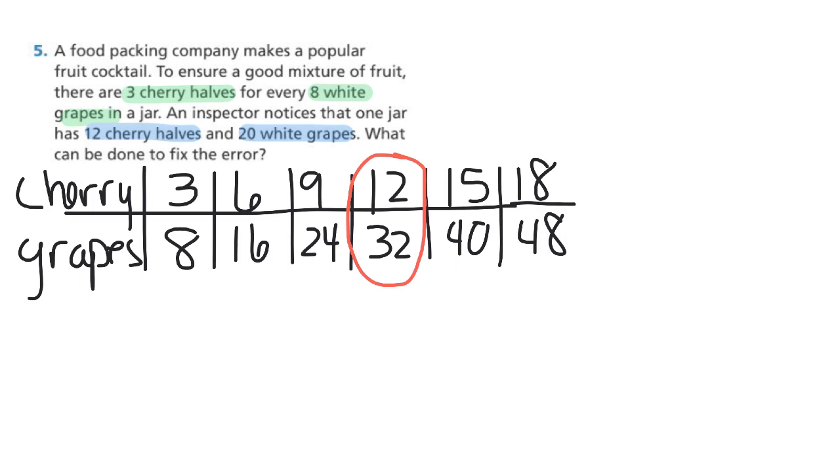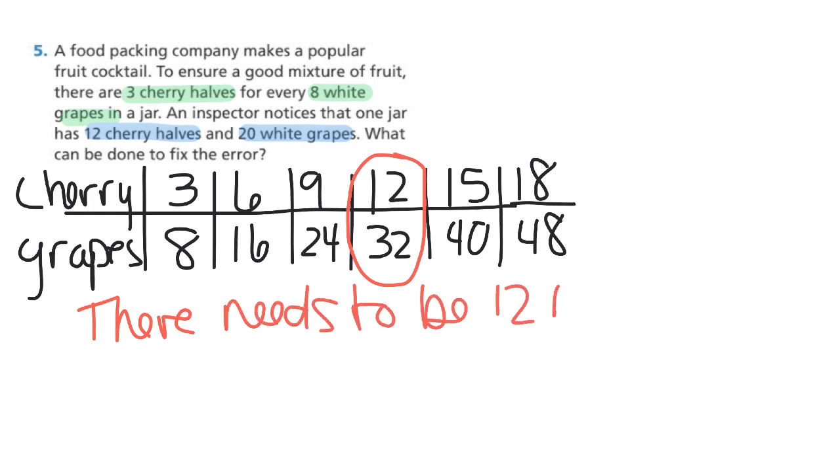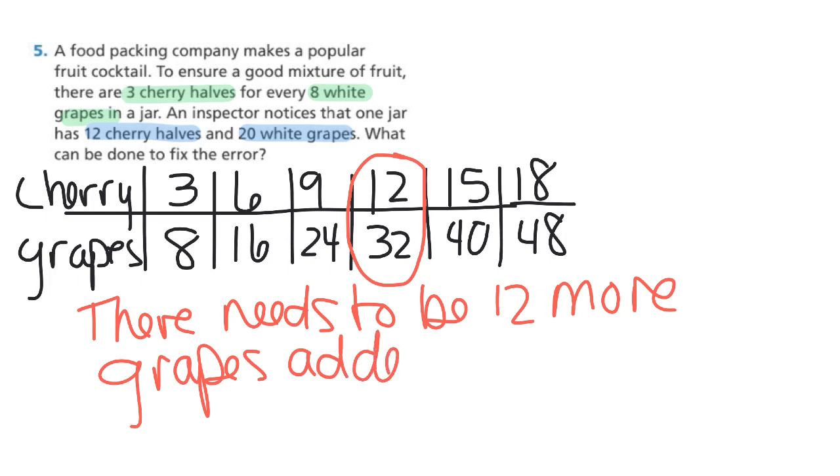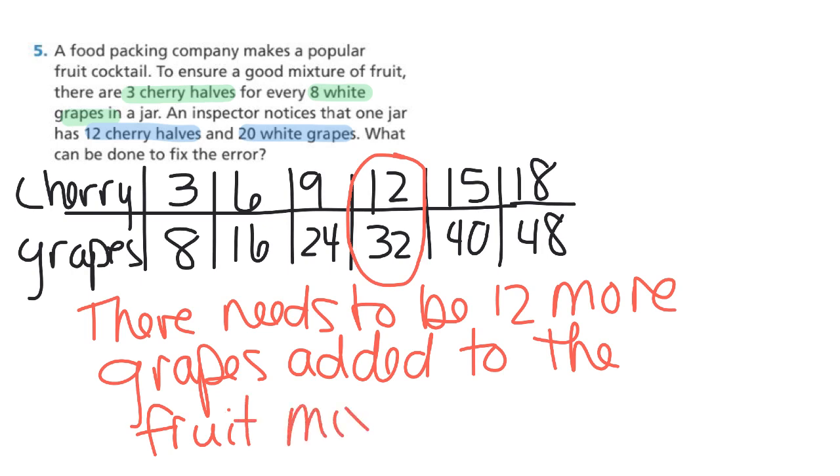So it looks like to fix the error, there needs to be 12 more grapes added to the fruit mixture. If you got that right, I want you to go ahead and give yourself a star. And if you did not, would you please fix it before you leave the screen?